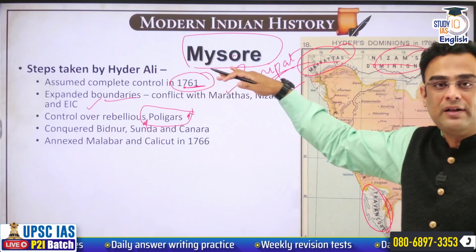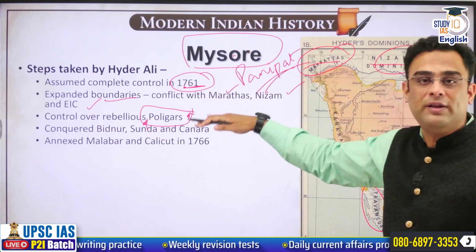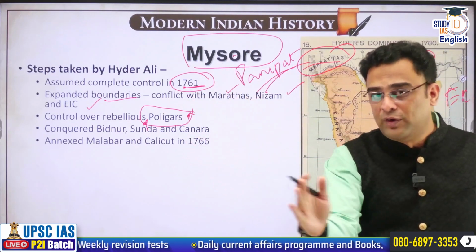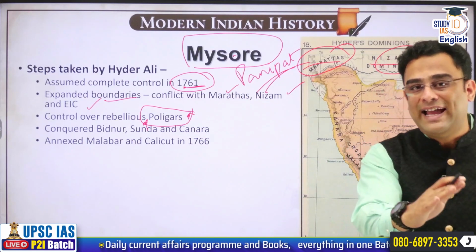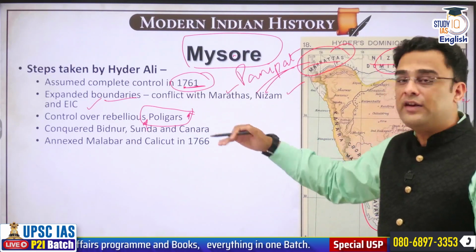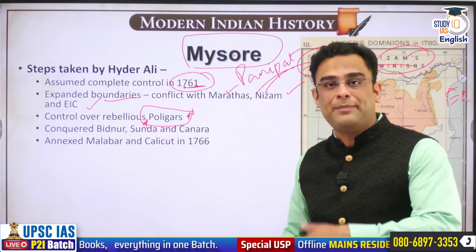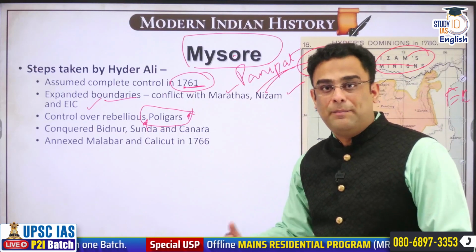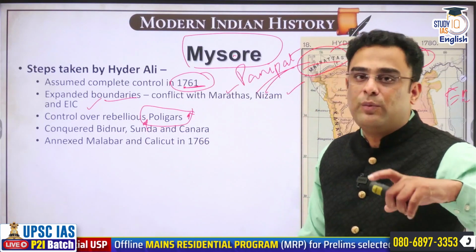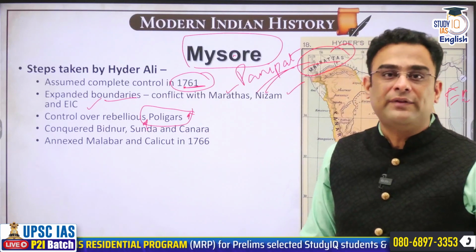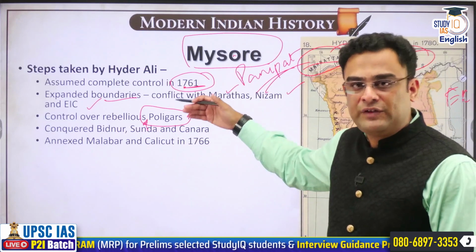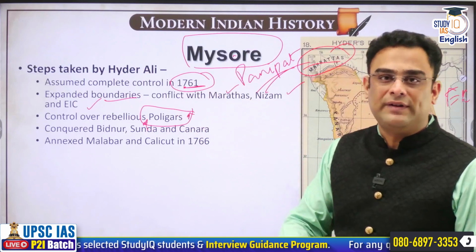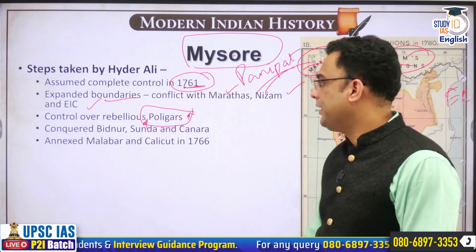So Mysore state under Hyder Ali comes down very heavily on these polygars, removes them from their traditional roles of even tax collection. These polygars used to collect tax, keep their share, and pass on the remaining to the state. But this meant that this middleman was naturally keeping some sum for himself. The state of Mysore did not allow this. So it ends the role of polygars.